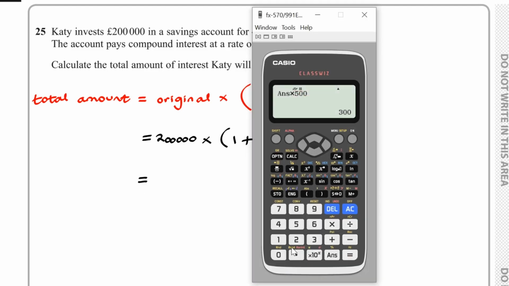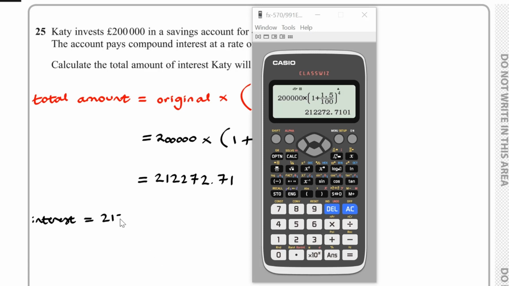And if we work this out, 200,000 multiplied by 1 plus 1.5 over 100 to the power of 4, which is 212272.71. And therefore the amount of interest that she'll get at the end of the 4 years, that's equal to this 212272.71 minus 200,000.